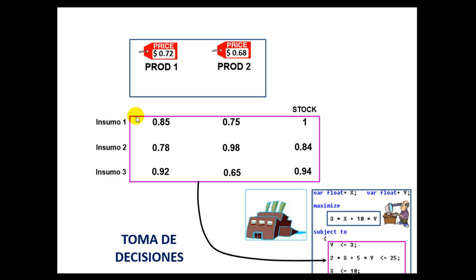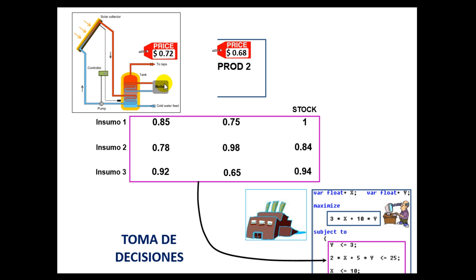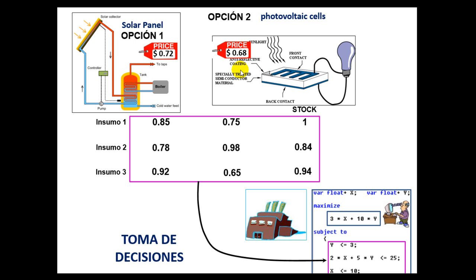In this case, you have one product that is, for example, solar panels, and you have here another product which is photovoltaic cells. So in this case, what you want to do is not to sell this product, but you want to buy this product, because in your farm you want to change the conventional electricity, conventional energy.